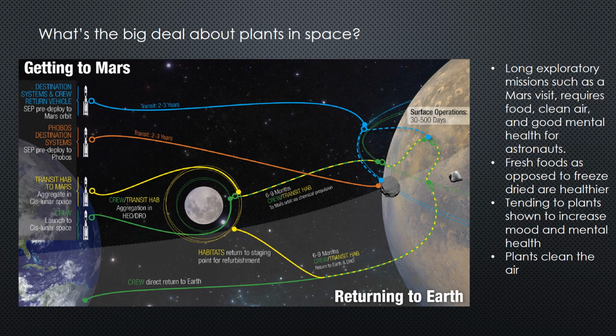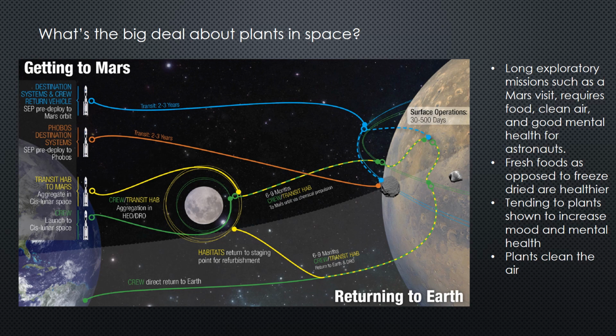They do tend to take toxins out of water systems, for instance. And then good mental health. There have actually been lots of studies that show when people are gardening and growing things, that is very good for their mental health. And then, of course, plants are going to provide fresh food, which is much healthier and much tastier than freeze-dried food, for instance.